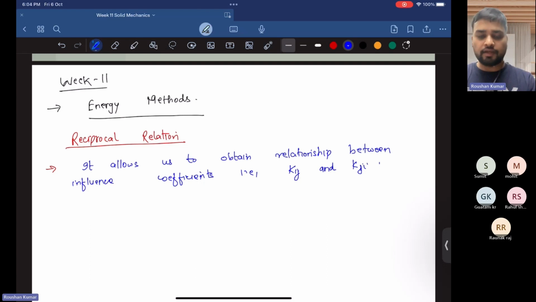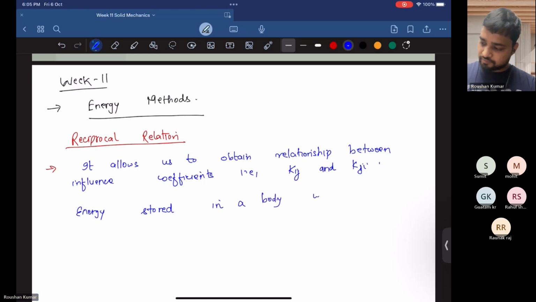And using the concept of influence coefficient, we can find out the energy. So the energy stored in a body will be E equal to half F1 delta 1, or we can say half K11 F1 square.